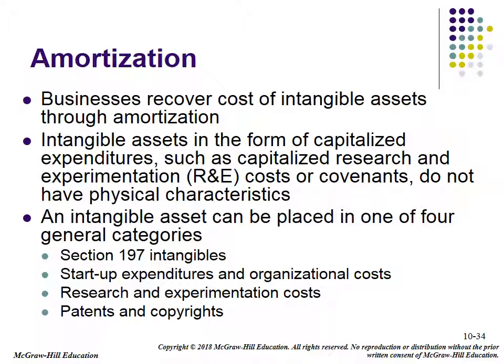So the first one would be Section 179 intangibles. And there's a discussion about those kind of intangibles on page 10-32. Covenants not to compete, customer list, patents, trademarks. The majority of your intangibles are in this category. There's also startup expenditures and organizational costs.